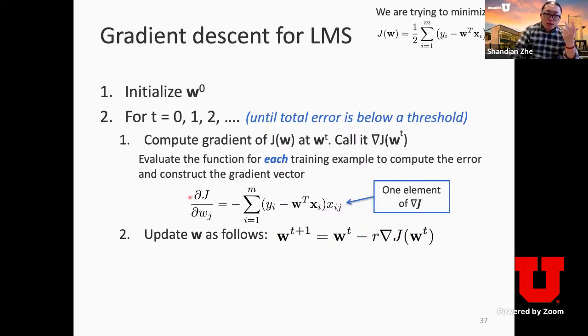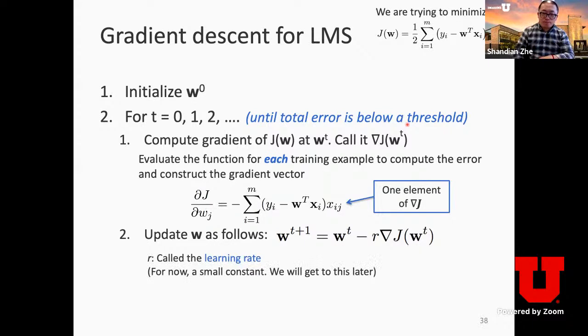Then we proceed to the next iteration and compute the gradient again at wt plus 1, following the same formula, and update the weight vector toward the opposite direction of the gradient, until the total error is below some pre-specified threshold, or some maximum number of steps have been finished. That's the whole algorithm. Any questions so far?